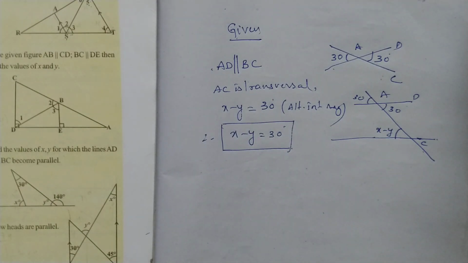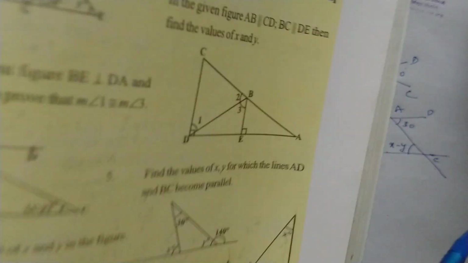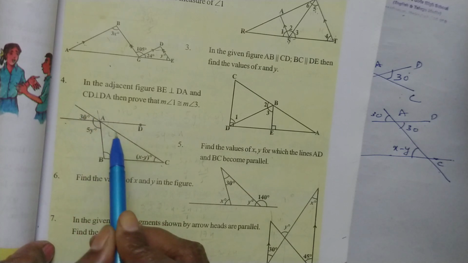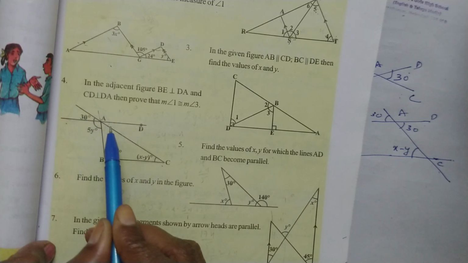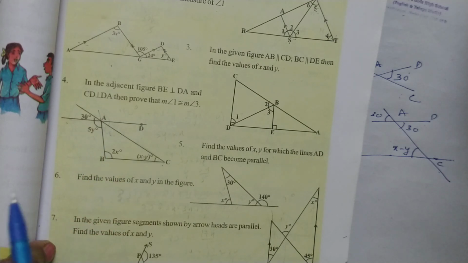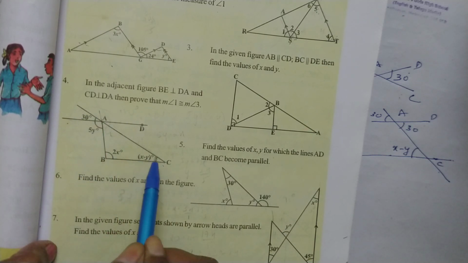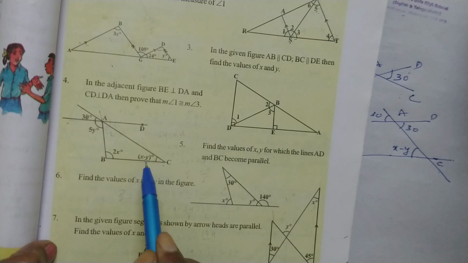So how did we get x minus y is 30 degrees? In this figure, these two lines are intersecting lines, and these are vertically opposite angles, so they are equal. That's why the angle is 30 degrees. Then these two lines are parallel and this is the transversal line, so alternate interior angles are equal.